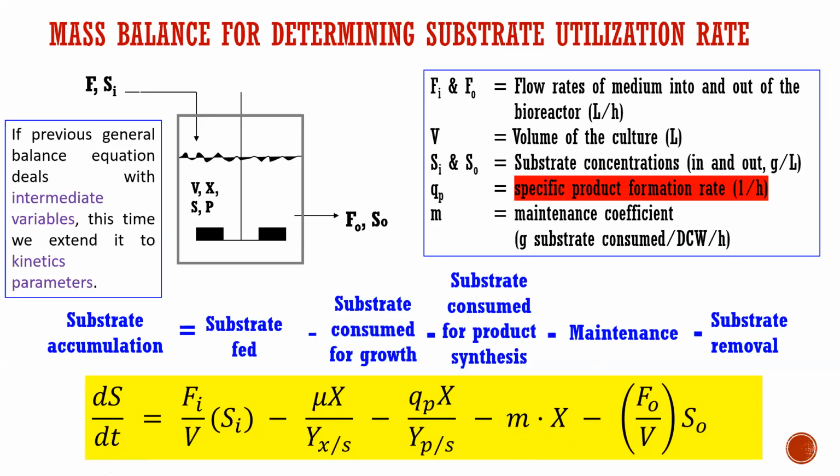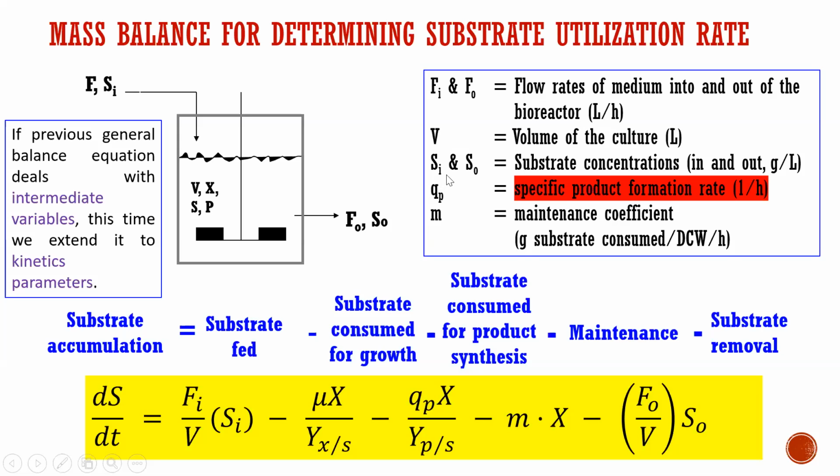Okay, so let's check here. F inflowing feed, outflowing feed: flow rates of medium into and out of the bioreactor in a unit of liter per hour, volume over time. You have V, volume of culture. You can have liter here, it's a common one.